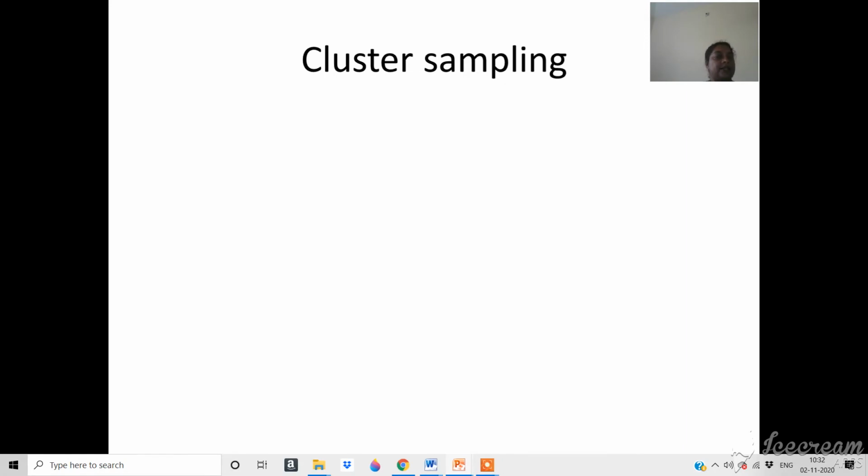Whereas cluster sampling means you are taking the sample as a cluster, so there is a chance of heterogeneity of the group of the population or the sample in that.